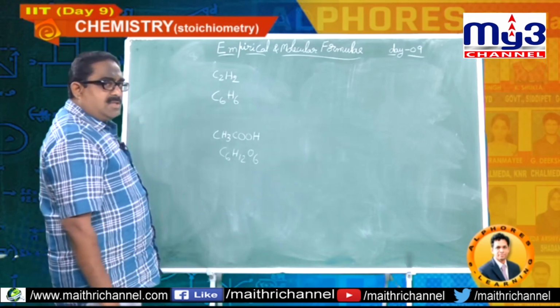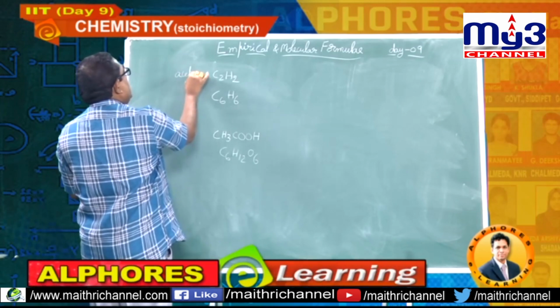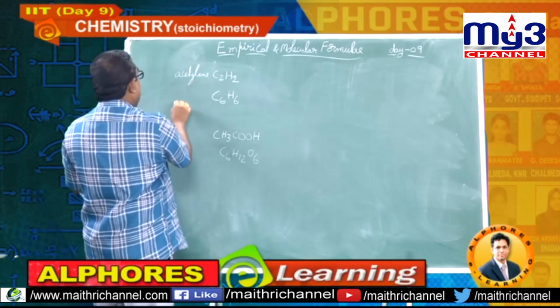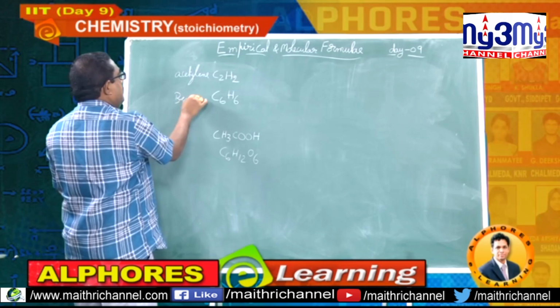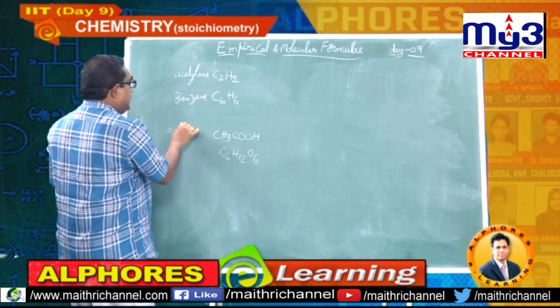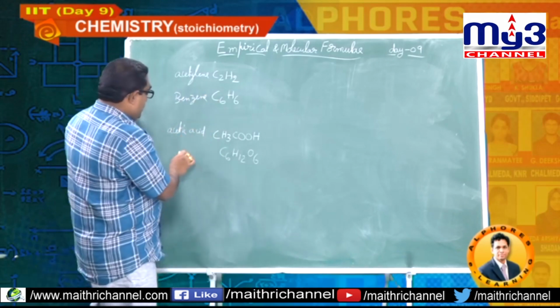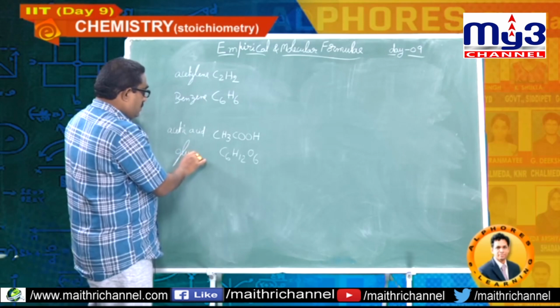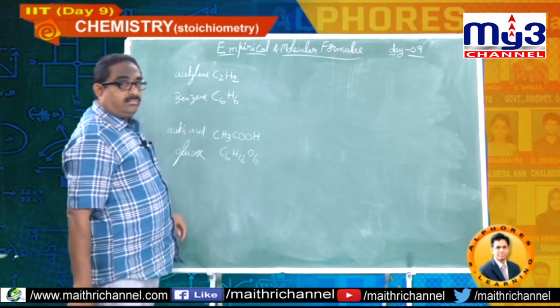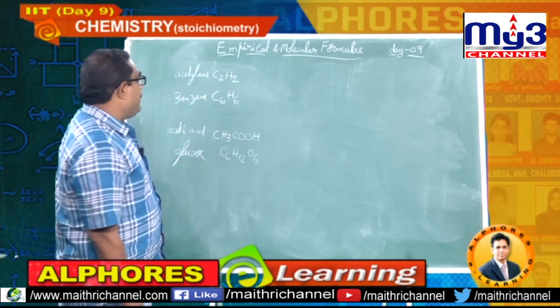All these are respective formulae of compounds. This is acetylene, whereas this is benzene. This is acetic acid, whereas this is glucose. All these are the molecular formulae.